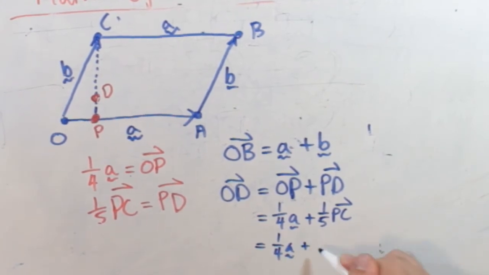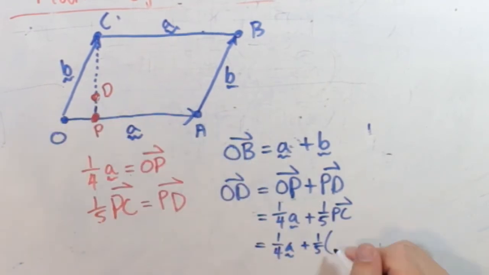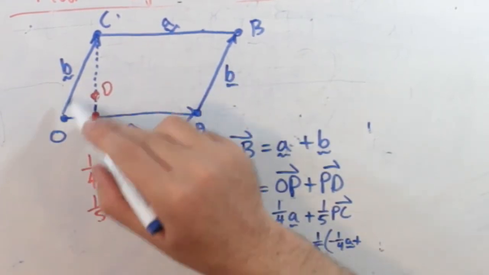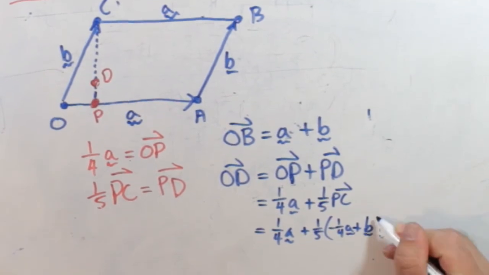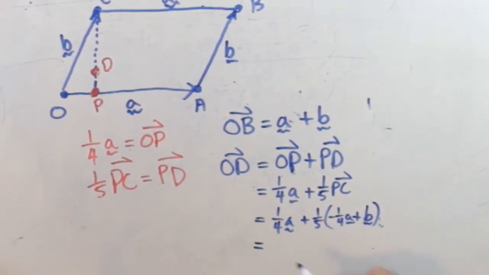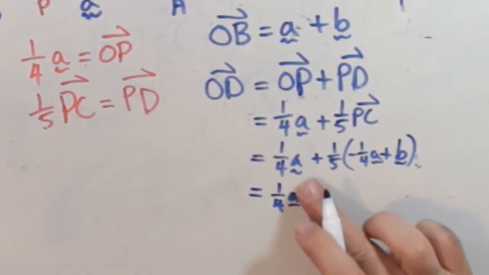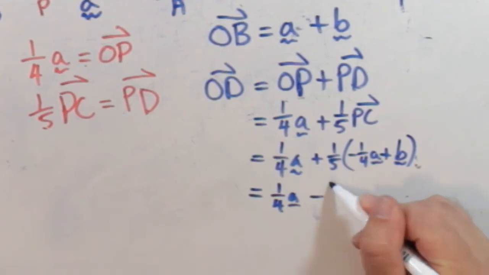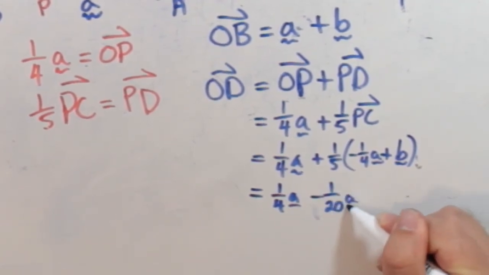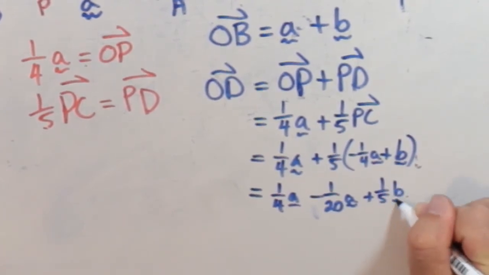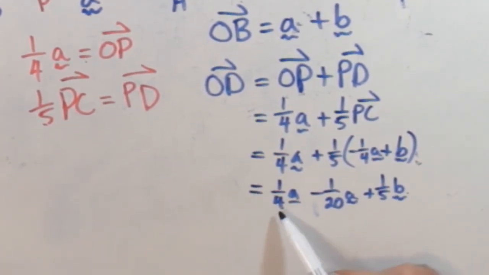So we have 1/4 a plus 1/5 of (negative 1/4 a plus b). Expanding this out, I've got 1/4 of a minus 1/20th of a, plus 1/5 of b.